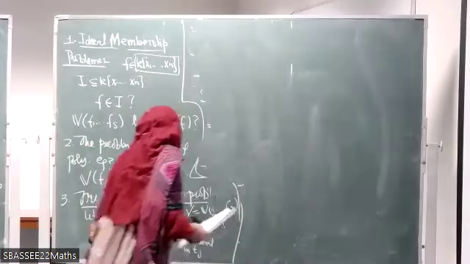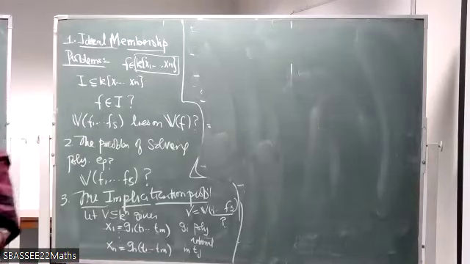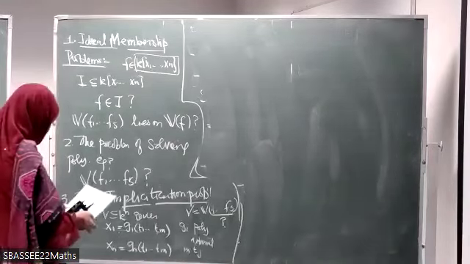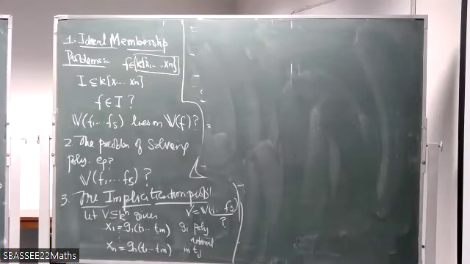If you are given a polynomial and an ideal, and you know the Gröbner basis of your ideal, you just apply the division algorithm, and if the remainder is 0, then your polynomial is part of your ideal, otherwise it is not. So it's a very easy and direct way to check that by using the Gröbner basis.